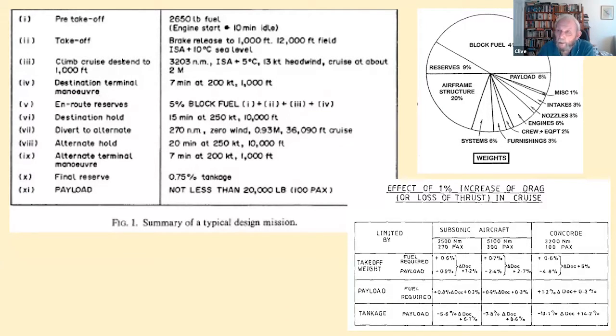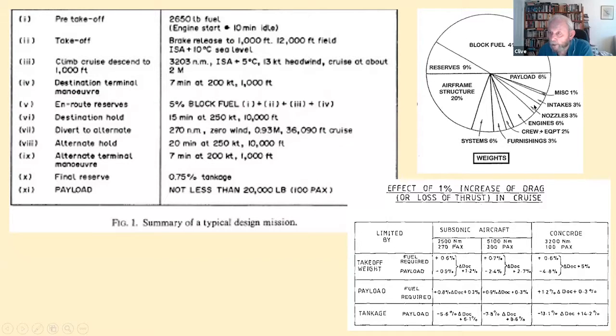That shows in this picture over here, which is the takeoff weight breakdown for a typical mission. And you can see that the fuel, of course, is about half of it. The block fuel is 40%. Quite some of that will be subsonic. Some of these reserves will be 5% of the supersonic fuel.